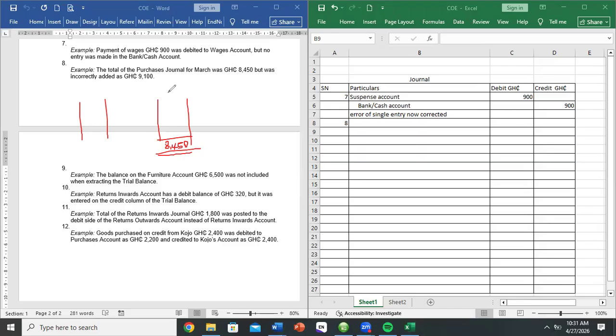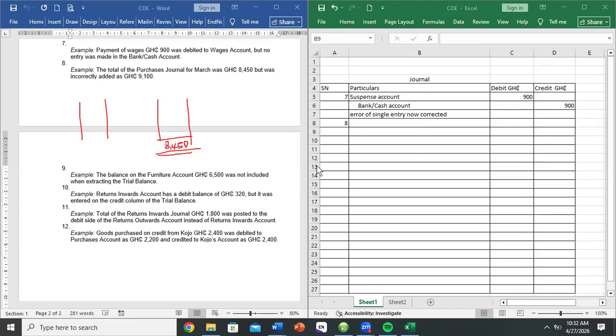Thank you very much. We credit 650. Okay. And where would the corresponding debit be? Suspense account. Yeah.